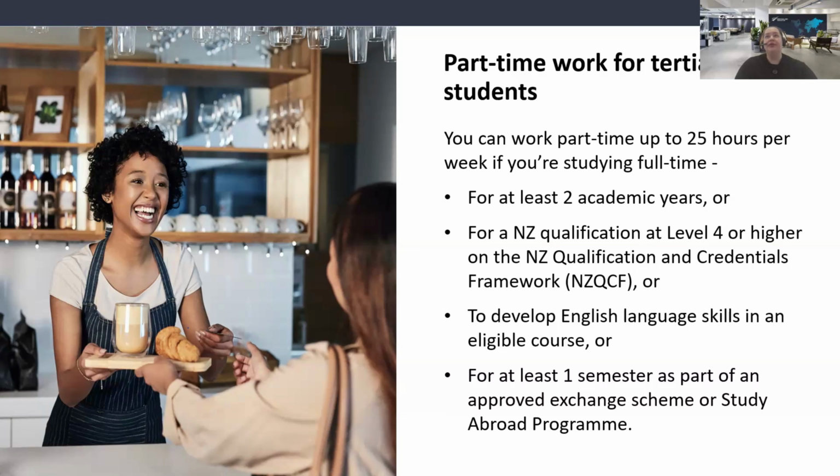So most students applying for a student visa were granted 25 hours of part-time study conditions because they were studying a level 4 course or above. That is the most common criteria that our students meet to qualify for 25 hours of work a week.